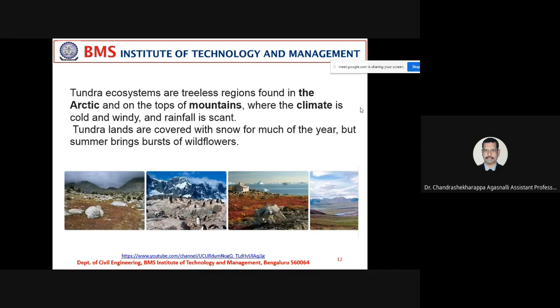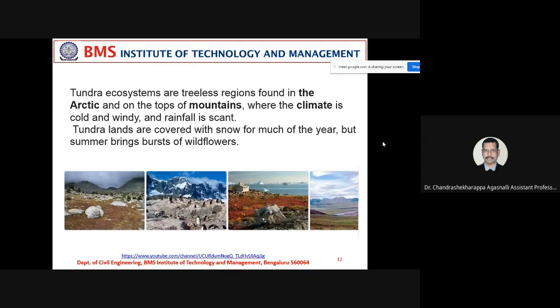It's one type of ecosystem on the earth. On the surface of the earth, you can see all the natural resources with different seasons, different places, different natural features.